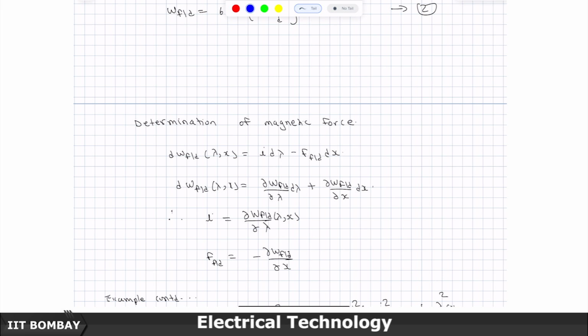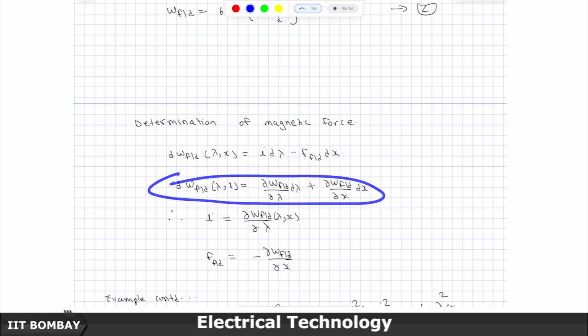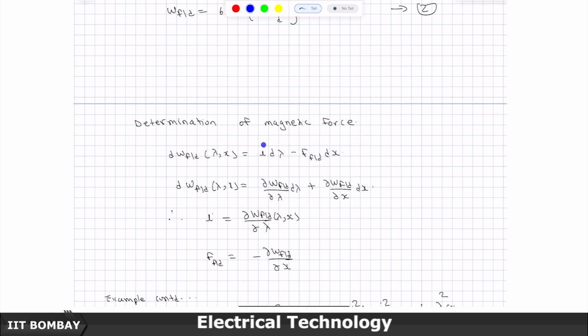And now, I equate this to this. When I do this equating, what should I do? Because this is true always, I should equate this and I should equate this.